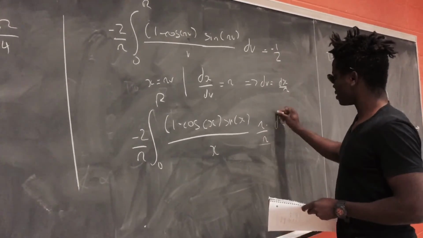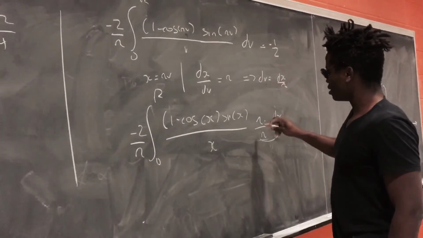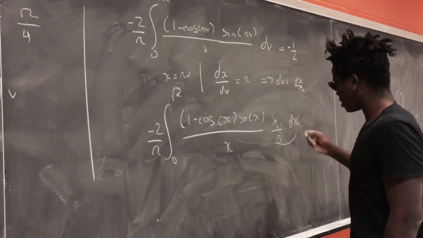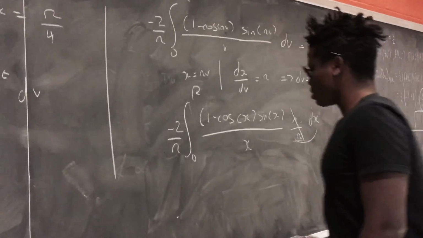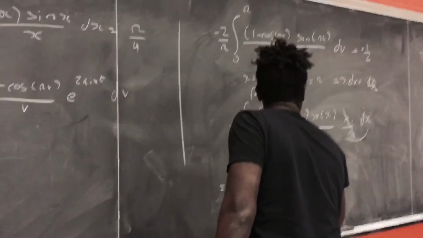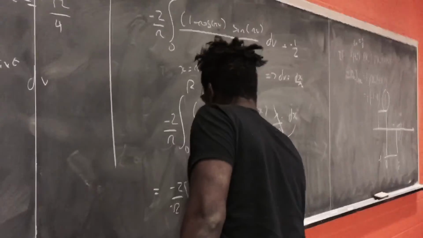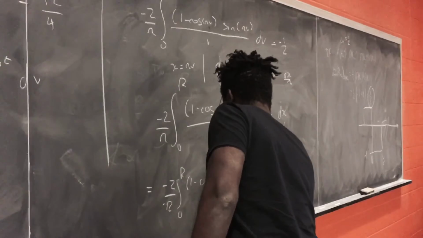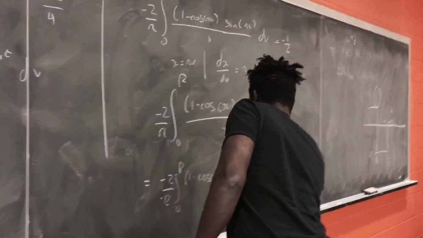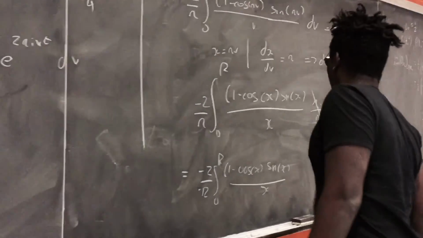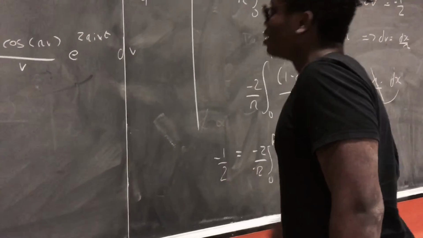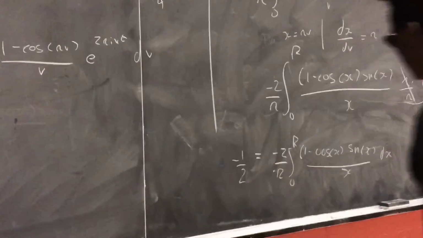Right, this pi came from dv, this pi came from replacing v with x over pi. The pi's cancel out, and we now have the integral from 0 to r of 1 minus cos x times sine x over x dx equal to -1/2, right? And we're asked to prove that it's equal to pi over 4.